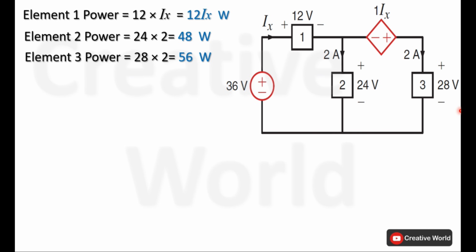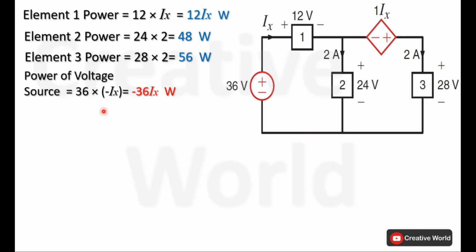For element 3, the voltage across it is 28 volts and the current through it is 2 amperes. Again this current is entering from the positive terminal, so this current will also be taken with a positive sign. The power of element 3 will be 28 multiplied by 2 equal to 56 watts, and because of the positive sign, element 3 will be absorbing power of 56 watts.